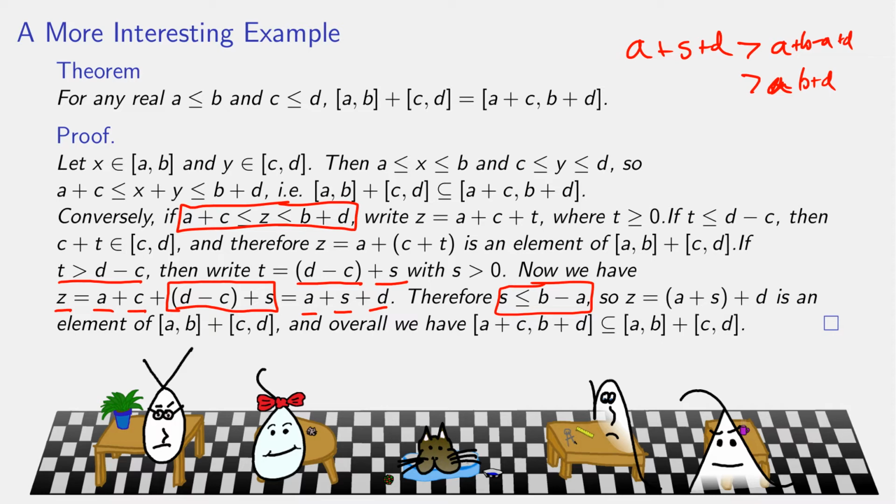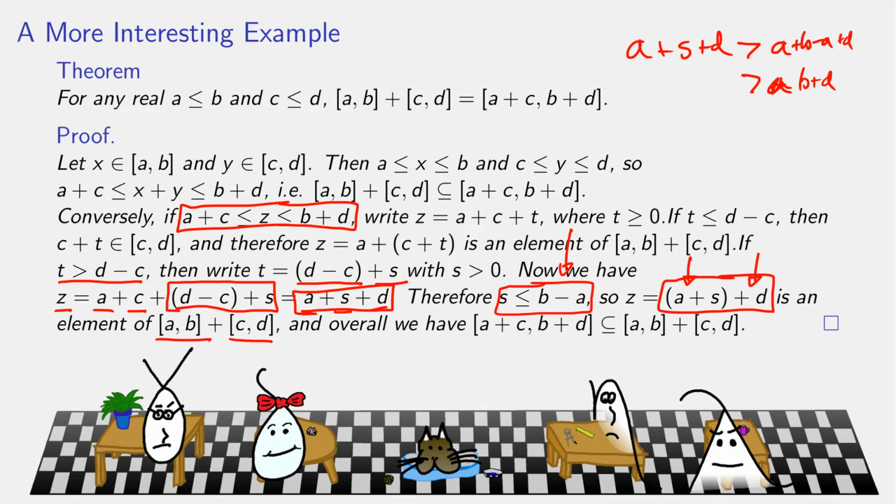So s can't be larger than b minus a. Therefore, s is less than or equal to b minus a. So now z is of the form a plus s plus d, but s is less than or equal to b minus a. If you make that substitution, you'll get a plus s is less than or equal to b. So I have something in between a and b, plus d itself. Therefore, it is something from this interval plus something from this interval.